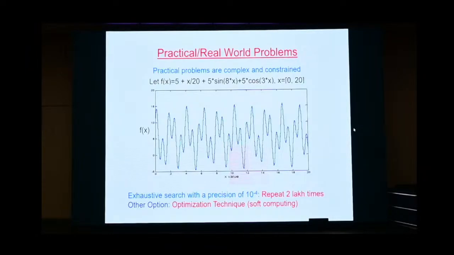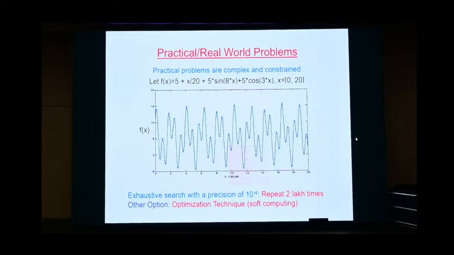Okay, the function may have some sine and cosine terms, and there will be some range of the variable, 0 to 20. So there are many maxima and many minima. If you plot f of x versus x, you can see there are many maxima and many minima. In this case, the conventional method like finding the derivative of the function and equating it to 0 will not work here.